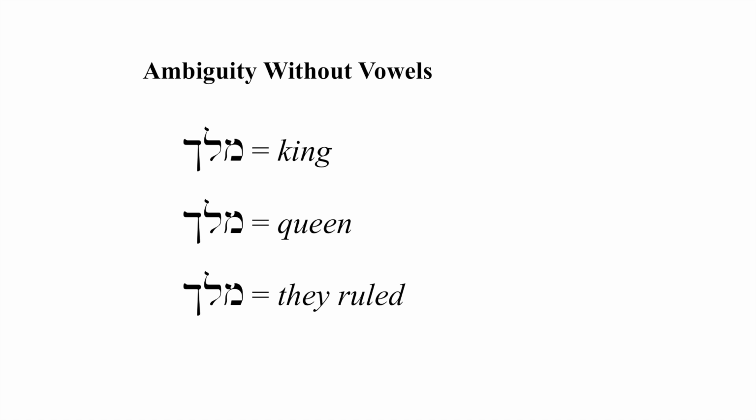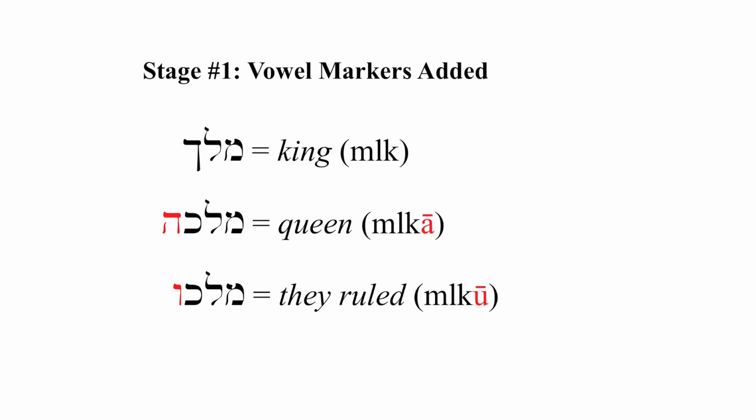The vowels are different. And yet Hebrew did not have vowels in their alphabet. So the same consonants could convey different meaning depending on the context in which they appeared. So the word king, Melech, the word queen, Malkah, and they ruled, Malaku.